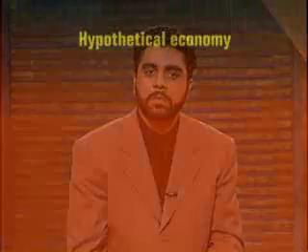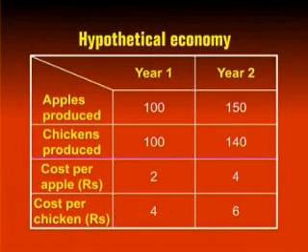Let's go to our example. As you can see in this table, we have two products, apples and chickens. We have 2 years, year 1 and year 2, and we have the output and price information for both these years for both the products. So in year 1, 100 apples and 100 chickens were produced. Each apple costs rupees 2, whereas each chicken costs rupees 4.